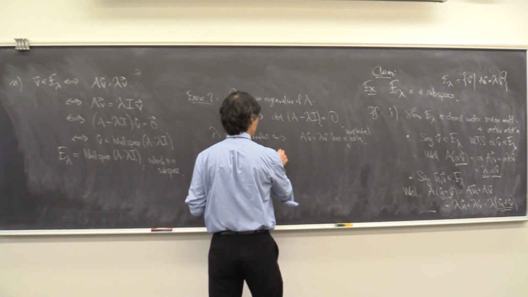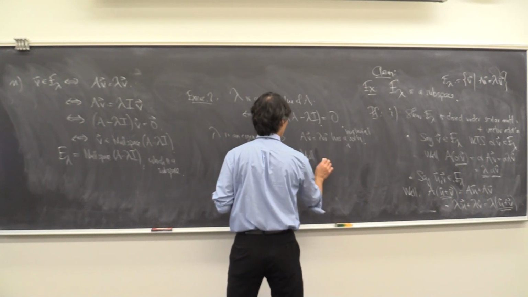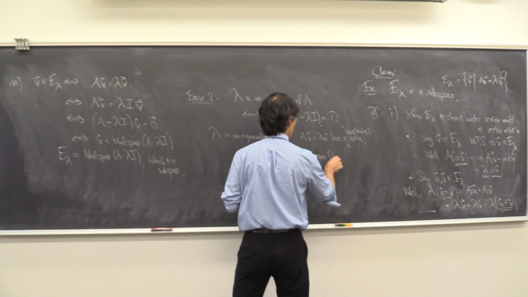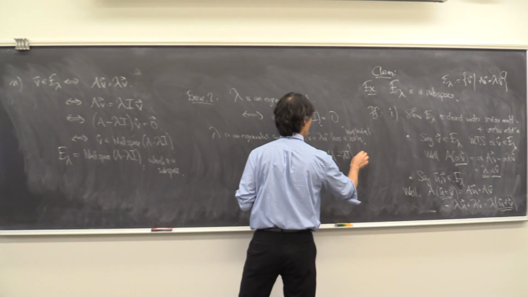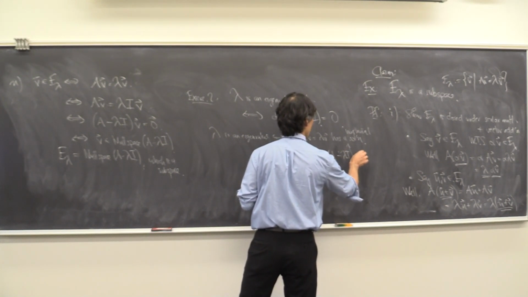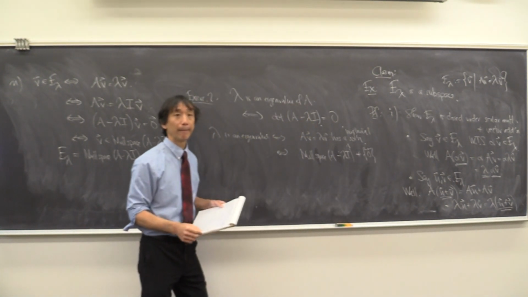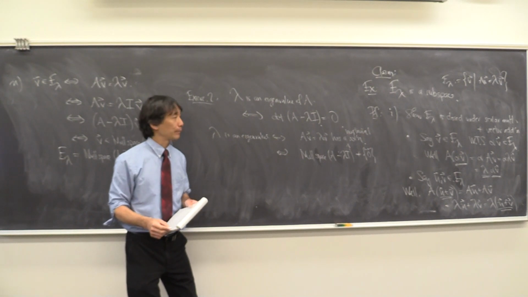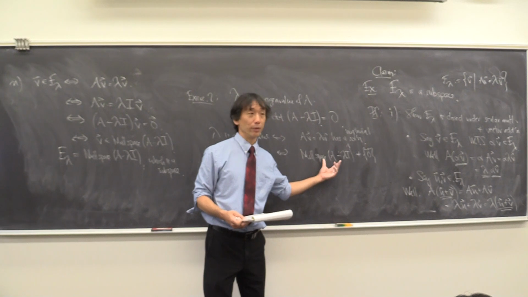Again, that's the same thing as saying that the null space of A minus lambda I is not just the zero vector. There's more than just the zero vector in here.